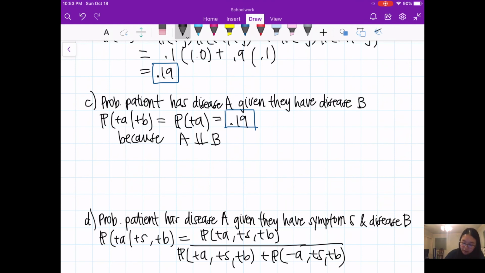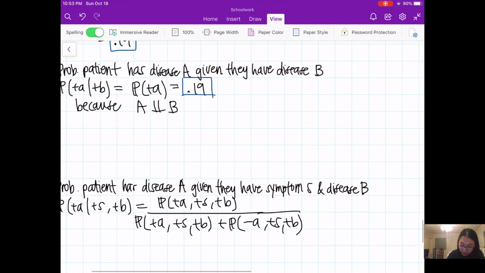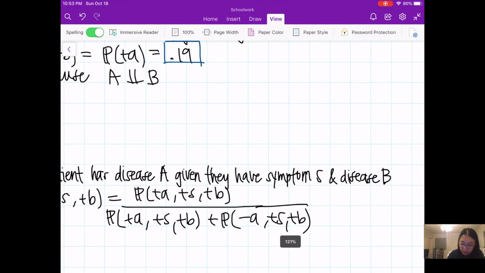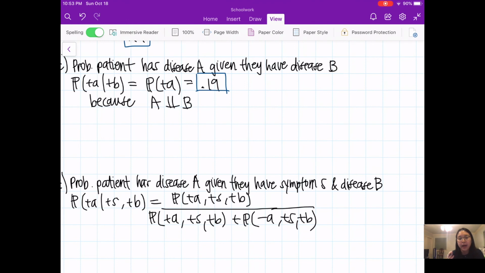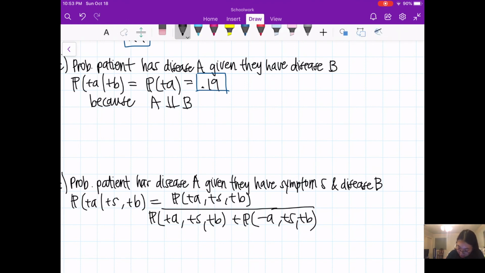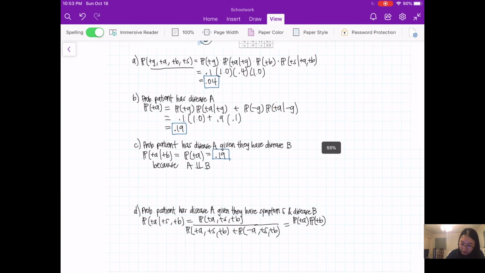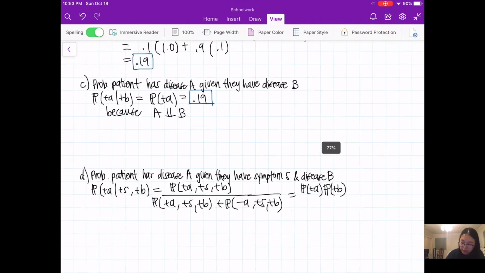Cool. So we have gone over how to write the joint probability, and essentially we want to multiply all the factors together that have those variables in it. So we can do that, and then on top we had probability of plus A, and this was specifically calculated in part B and then used in part C. And then we also already have probability of plus B just from the diagram above, since B has no parent.